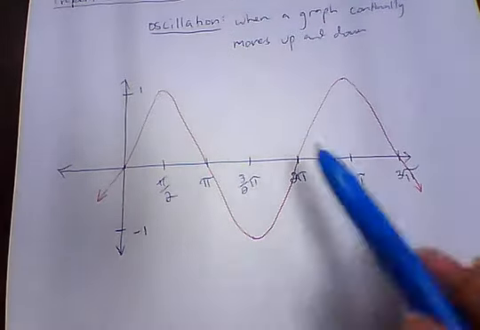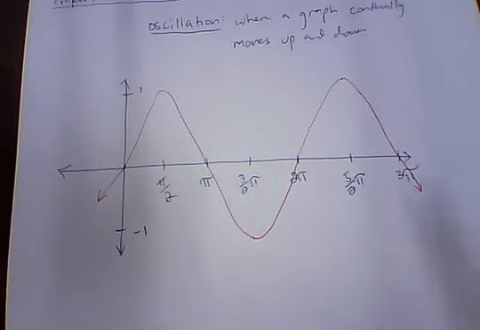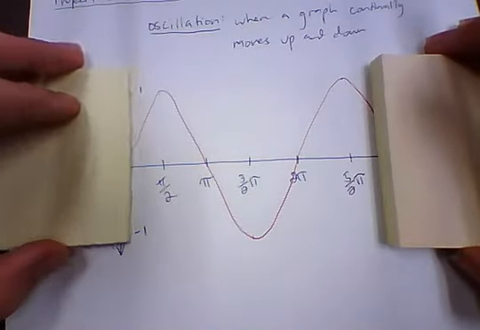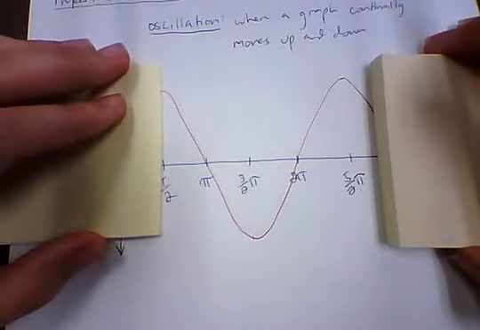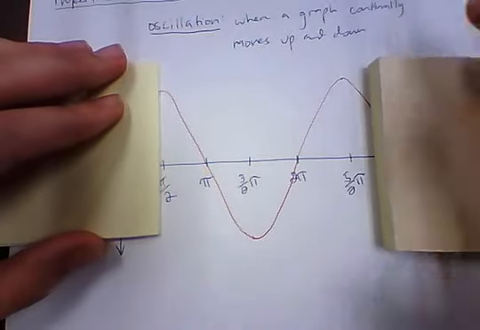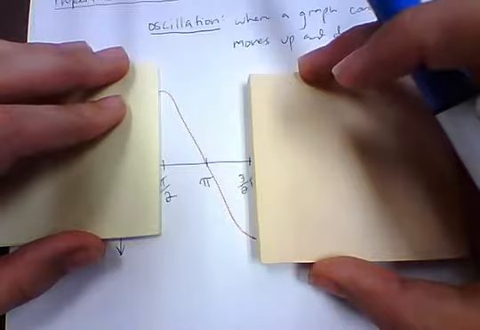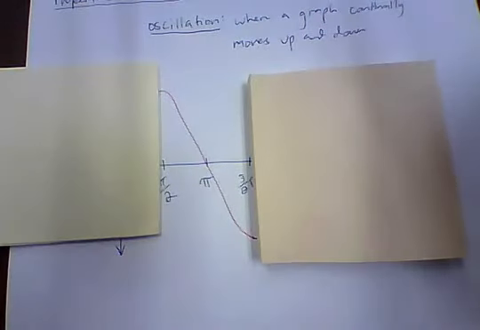Like we talked about, this will never pass the HLT just by looking at it, we know. But what we can do with trig functions is pretty interesting. If we break them up, I'm going to take some Post-its to show you what I mean. If we break them up into sections, so say we broke the sine function up into every pi over 2, check out what just happened.